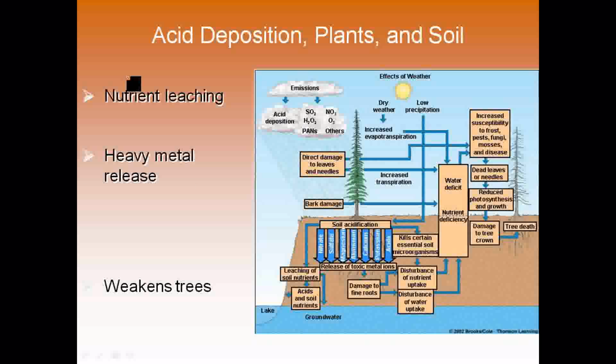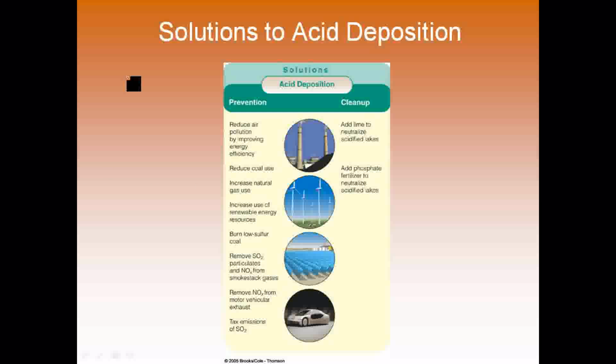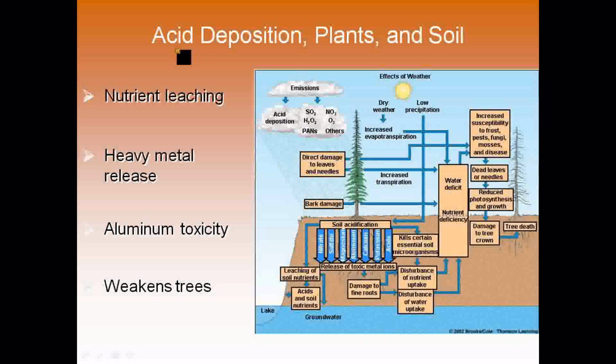This diagram shows you how it happens to the plants and to the soil. There's lots of leaching that happens with acid deposition. This diagram is quite busy, but I will focus on a few key parts. First of all, as the acid rain falls down and gets into the soil, we have lots of acidification. Chemicals that are normally in the soil, nitrates, phosphates, good things to have in the soil, react with the acids and release the toxic metal ions I was mentioning before.